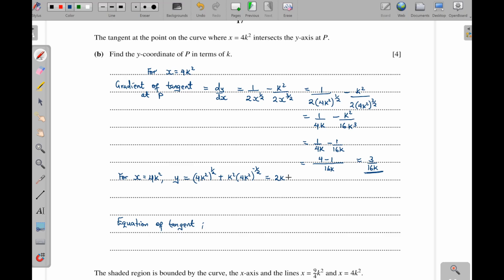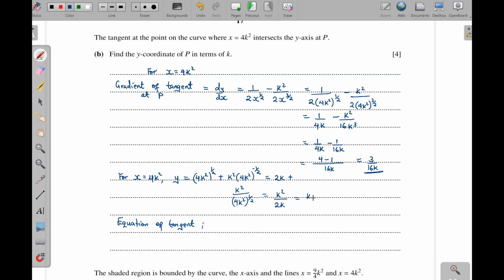Not so? Then plus, what shall we get from here? We shall have the square root. This one actually can be down. You have something like this, 4k squared, then power a half. So this one can give us k squared, then out of here we are going to have 2k, okay?